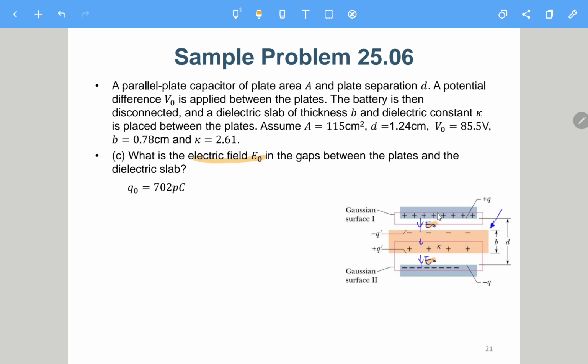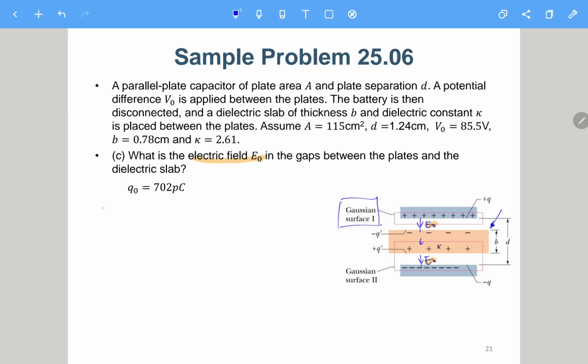This is nothing special. We will use the Gauss law to calculate the E field, E sub 0. Here we consider Gaussian surface 1. Gaussian surface 2 will be used later to calculate the E field inside the slab. So here we consider Gaussian surface 1 first.